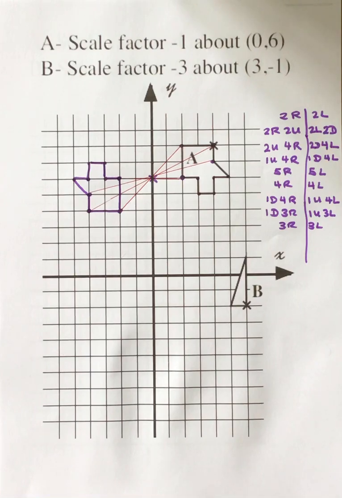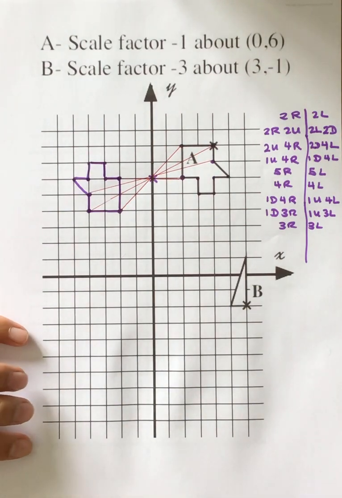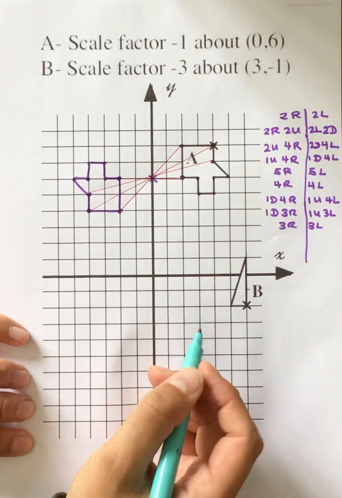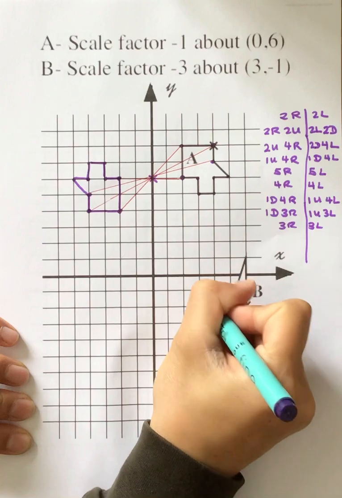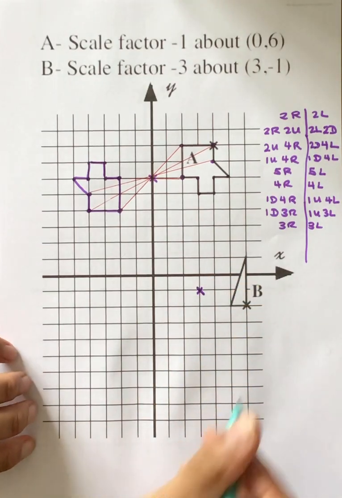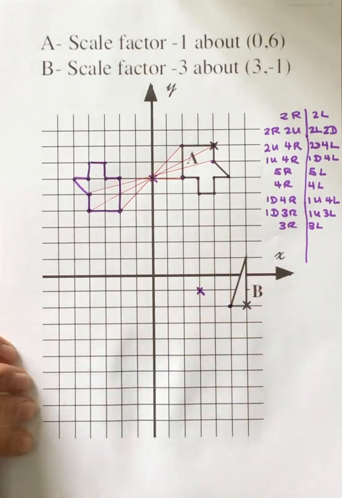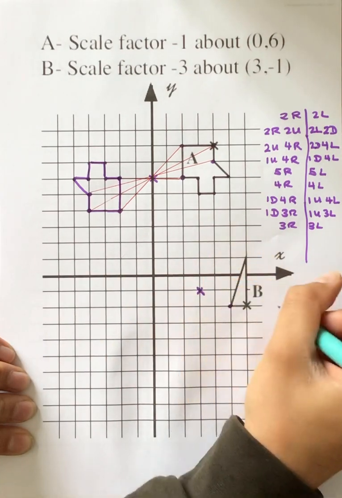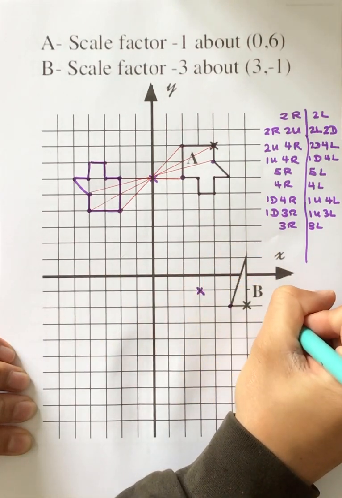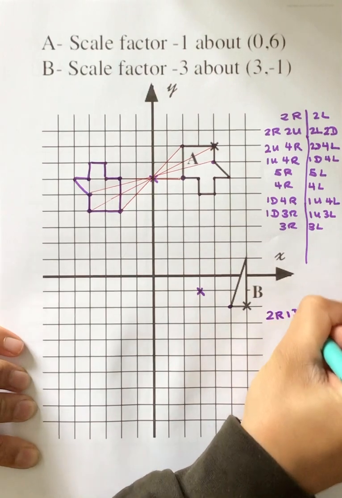So that was a scale factor of -1. If you've got a negative scale factor of a different number, then you'll need to times your measurements as well. So if we have a go at enlarging shape B about the point (3, -1), so that's this point here. If I look at this corner of my triangle first of all, then to get from my centre of enlargement to that corner, I go 2 right and 1 down.